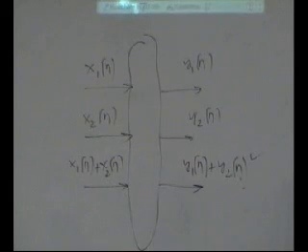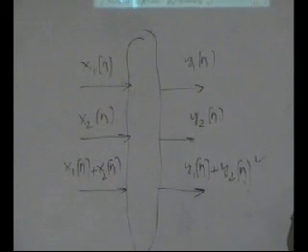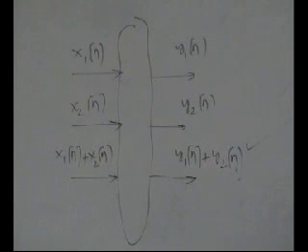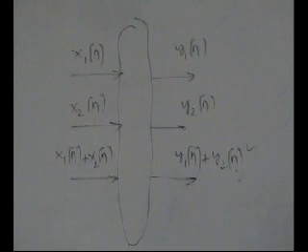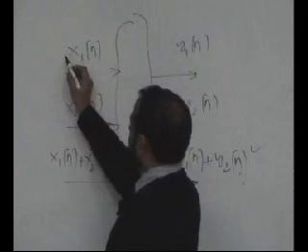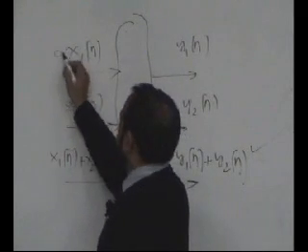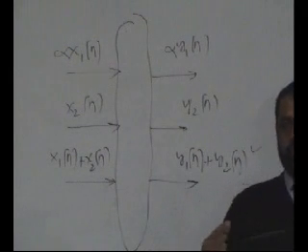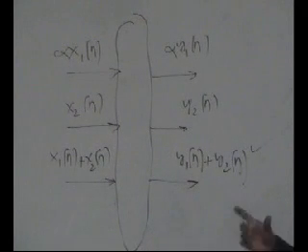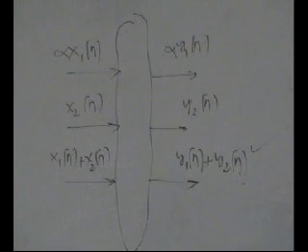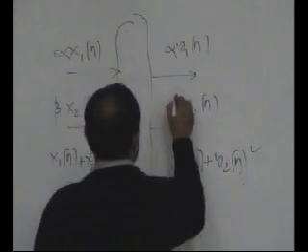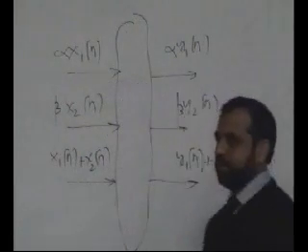Any operation which obeys this is linear, but you still need to check another property, and that is scaling. If you scale the input by, let's say, alpha, then what you get at the output is the same output you got previously, only scaled by alpha. Similarly, if you scale this by beta, you get nothing but the same output scaled by beta.